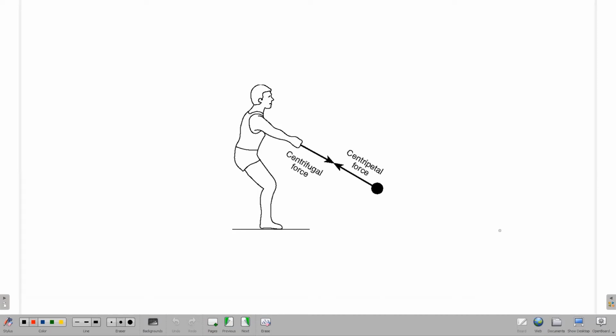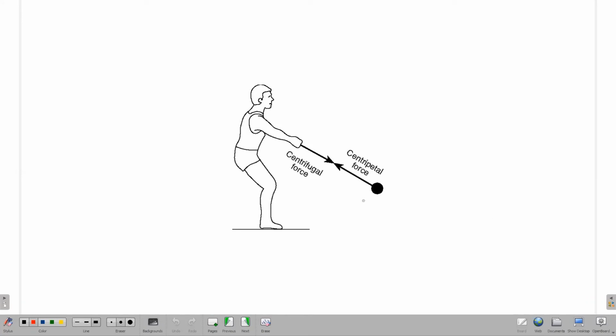But from Newton's third law, where every action has an equal reaction, opposite in direction, we can say that the mass is exerting a radially outward pull on the cord of equal magnitude.